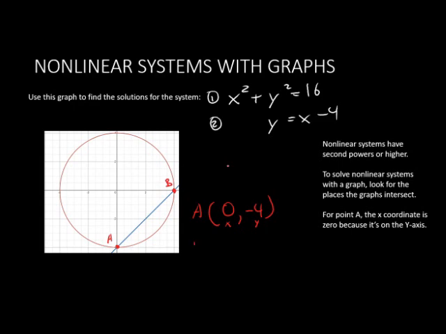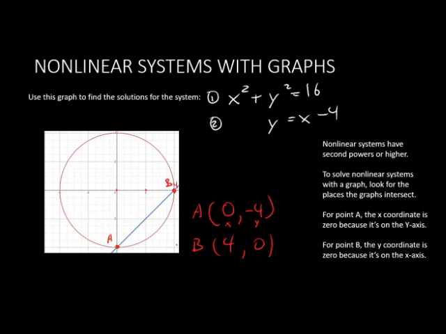Point B is similar, except it's on the x-axis. Points on the x-axis have a y-coordinate of 0. We'll write that for point B, the y-coordinate is 0. We may be able to see that the x-coordinate is 4, because here's x equals 0, here's x equals 2, and we're the same distance away from 2 that we are from 0, so this coordinate would be 4.